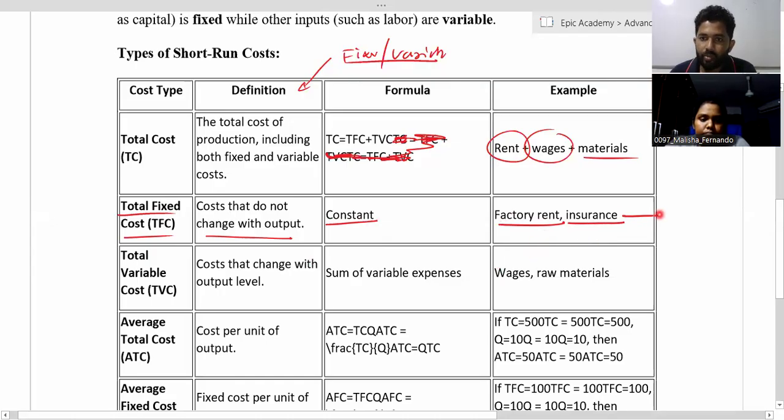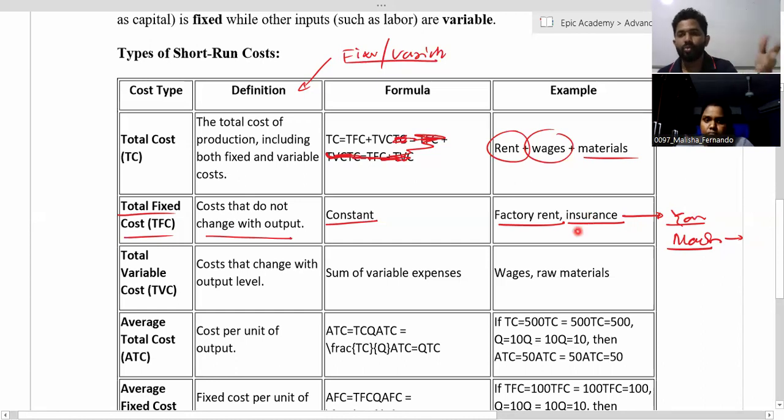We pay for the insurance based on the year. If this March you do not produce anything, still you have to pay. Whether you use your vehicle or not, you have to pay for the insurance. So that's how we call it fixed cost.